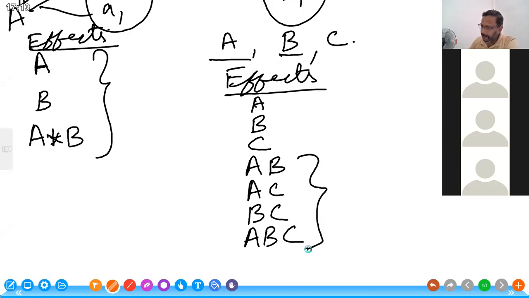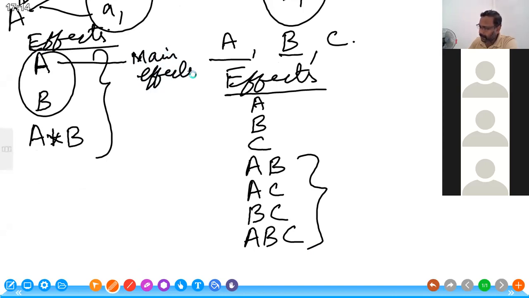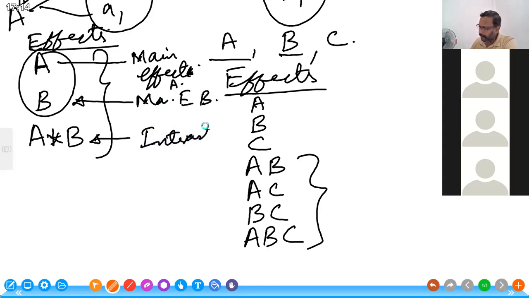So you see here, we had two factors in the earlier case. These are called main effects. Main effect A. Similarly, I'll put it as ME, main effect B, and this is the interaction effect of AB.